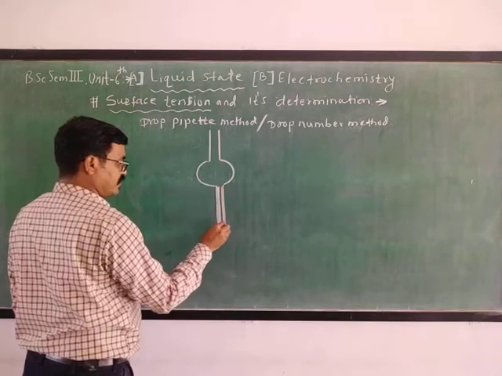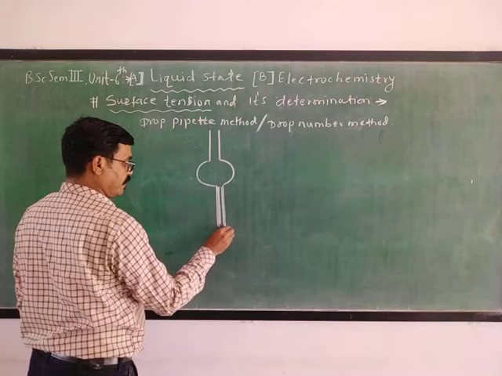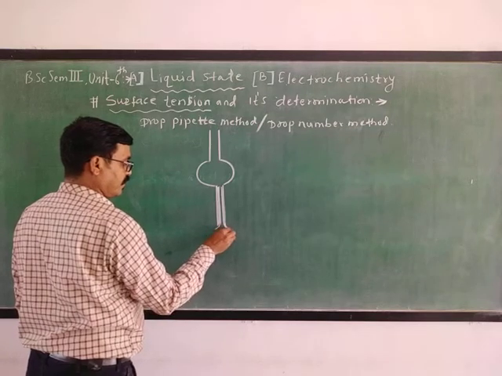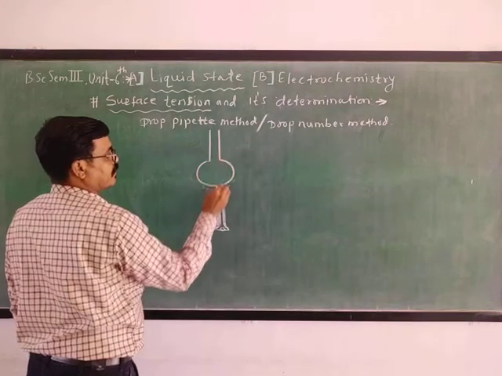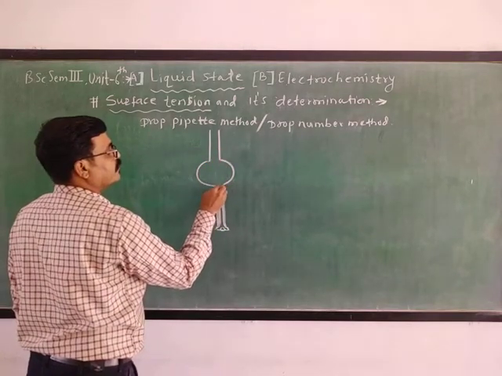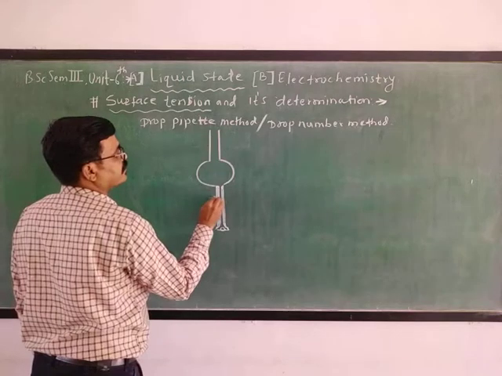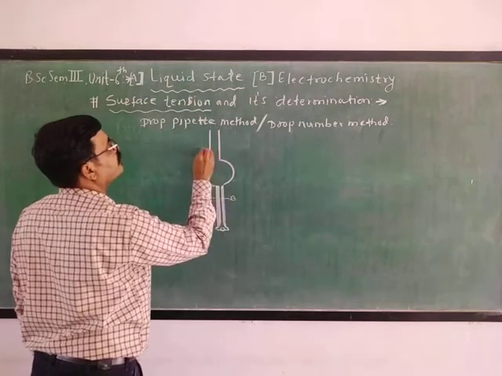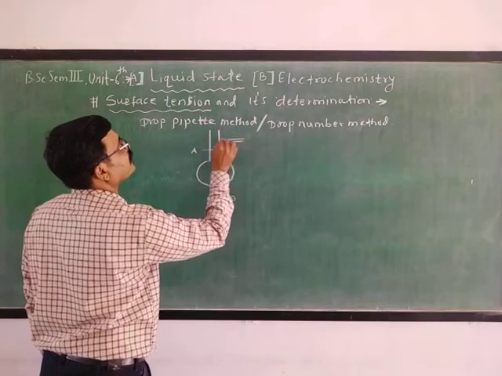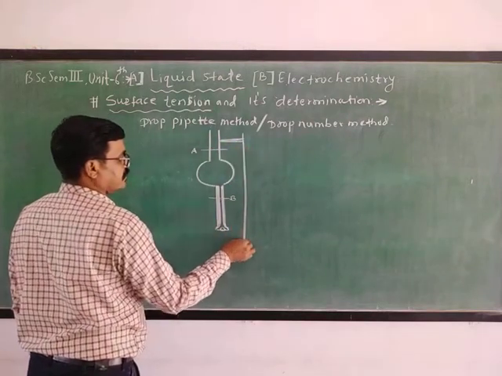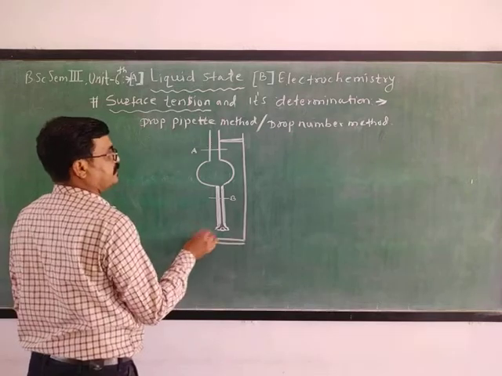Below this there is a mark B, and above this there is a mark A, and this stalagmometer is attached to a vertical stand.